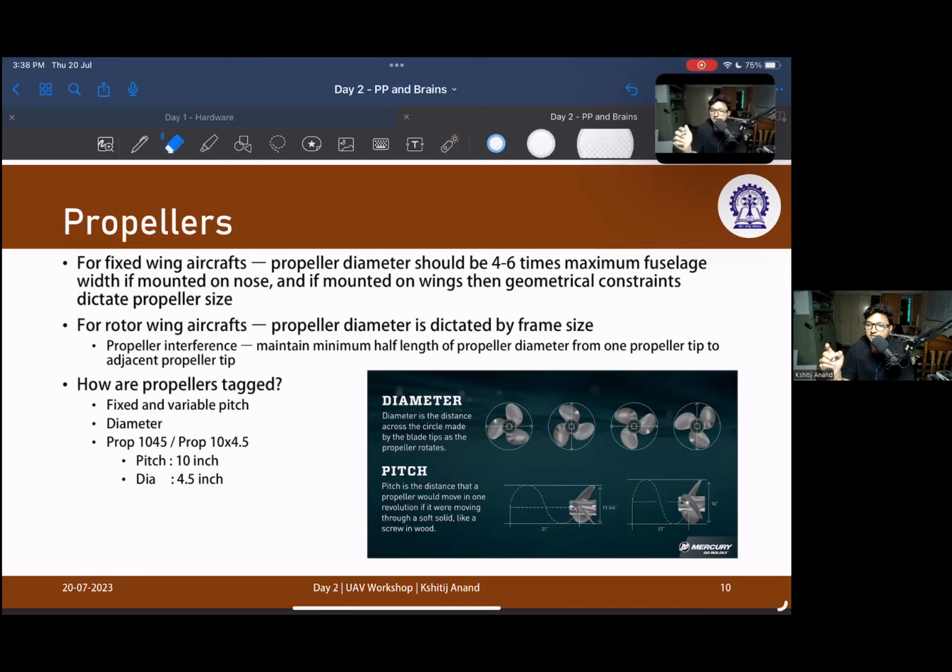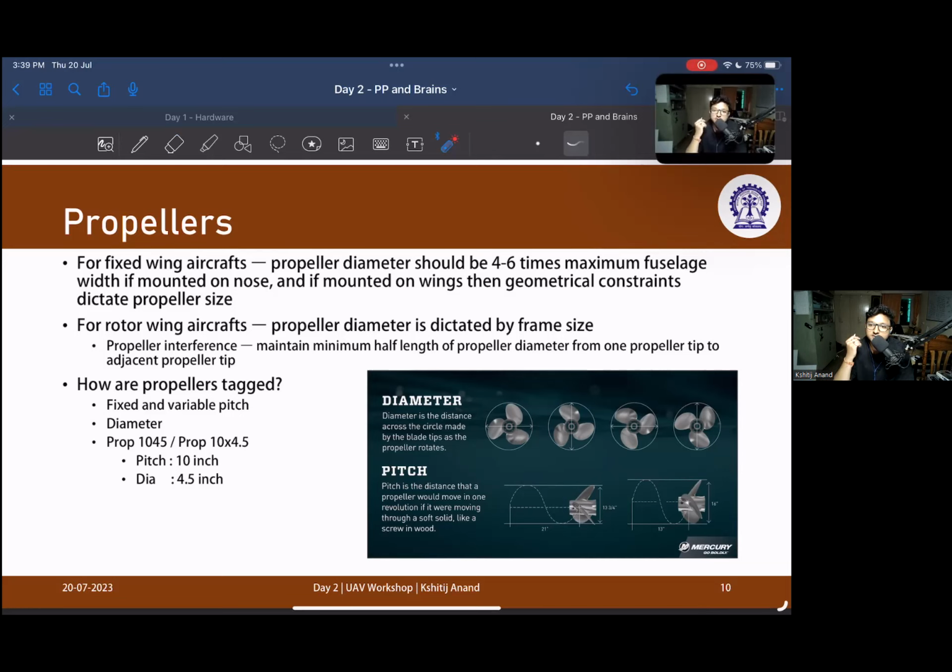Why? Can anyone give it a guess? Yes, clockwise and anti-clockwise motion.